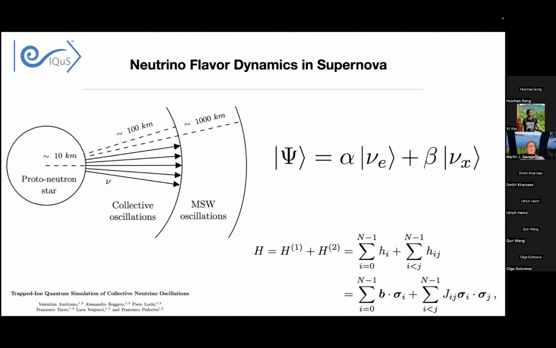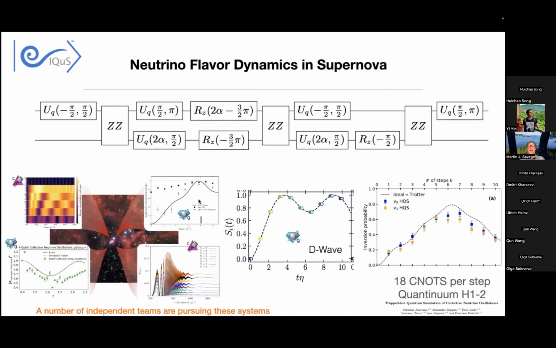As I mentioned, there's been a number of works before. The circuits are actually pretty simple, as I'll show you in a little bit. There have been previous works on the IBM devices looking at the evolution of neutrinos with varying degrees of success. There have been studies of dynamical phase transitions in these systems by Alessandro Ruggiero and others, and work on classical simulations of entanglement.